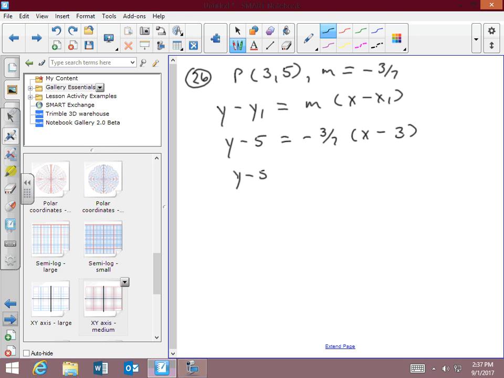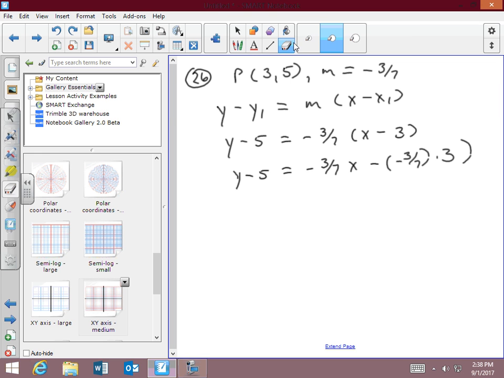Y minus 5 equals, now I got to distribute this, minus 3/7 x minus, that's that minus, then I got to put a minus 3/7 times 3. I didn't need that last bracket. So it's y minus 5 equals a minus 3/7 x.